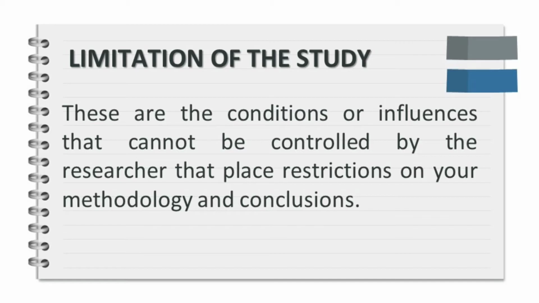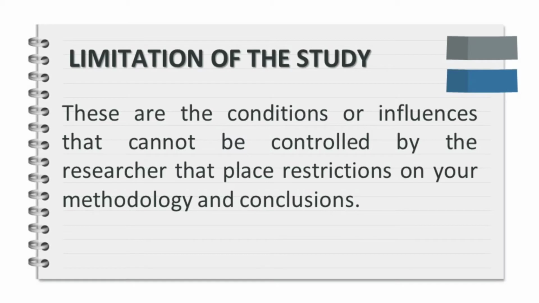Whereas ang limitations naman are conditions or influences that cannot be controlled by the researcher that place restrictions on your methodology and conclusions. We can say that limitations are potential weaknesses of the study which are beyond the control of the researcher. With this, the characteristics of design or methodology impacted or influenced the interpretation of the findings from your research.